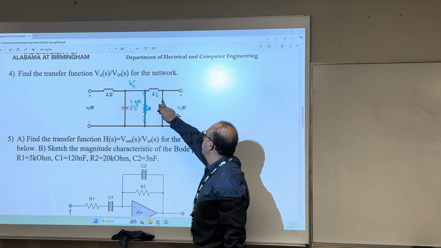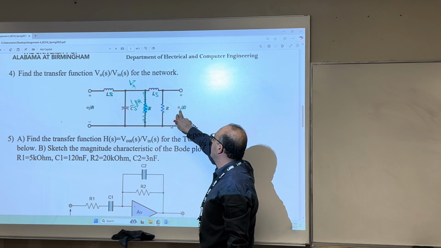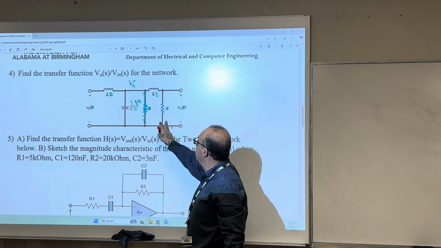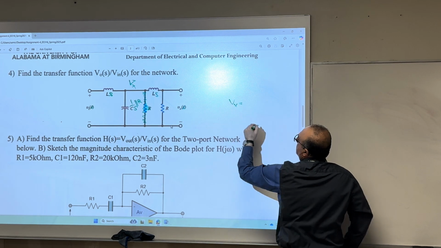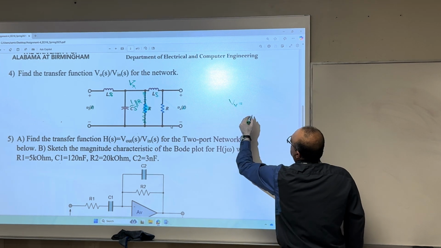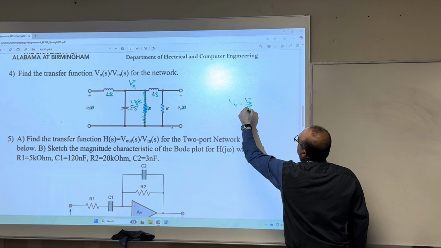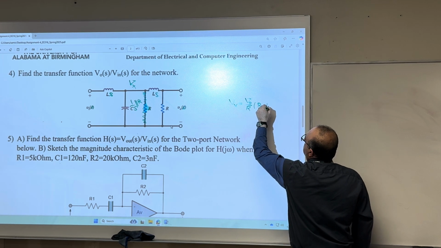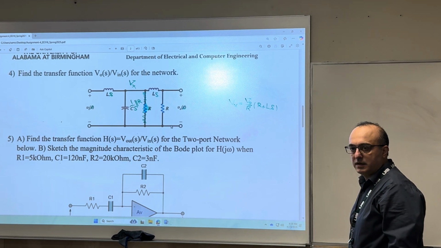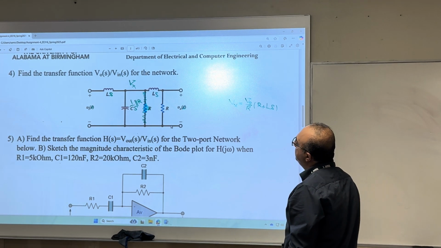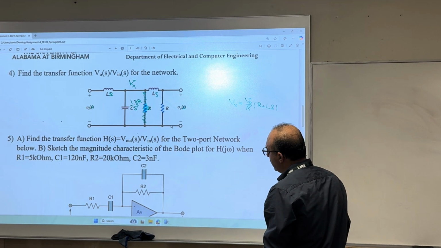We know the current here. It's going to be VO over R. Multiply it with this impedance, it's going to be Vx. Vx is going to be VO over R times R plus Ls. This is that voltage. Then I will write a KCL at that Vx node.